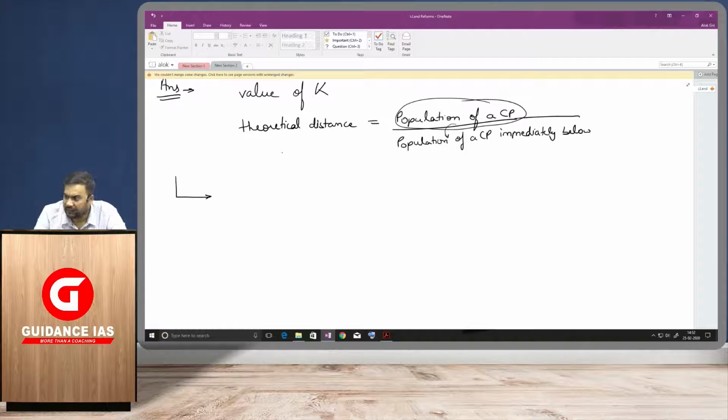Value of K which should ideally be 3. Full stop. In India, this value differs by quite a margin.